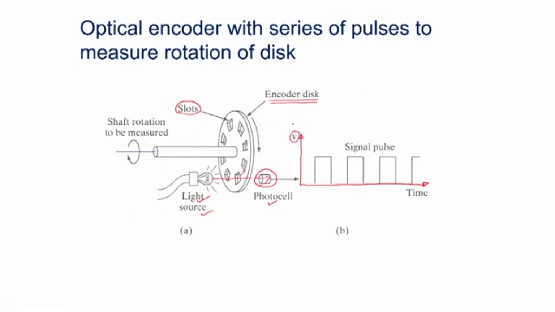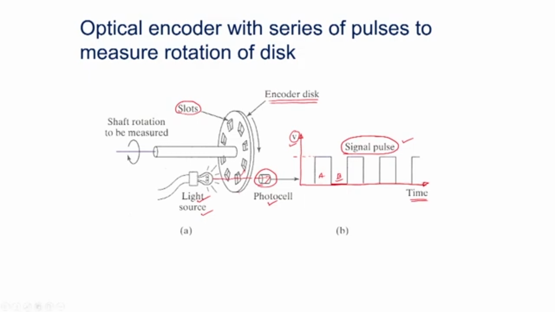If we mount this encoder disc on the shaft which is rotating, then we can easily monitor the rotation of the shaft. The same arrangement we are using to monitor the rotation of the shaft of this DC motor. So, by using this we can easily monitor the accuracy and the precision of rotation of the shaft or the movement of the work table.